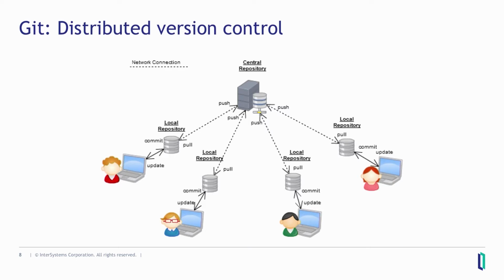Git is a distributed source control system, and that means that every developer who has source control configured on their local computer actually has access to everything that is stored in the central repository. So you can do all the things that you usually need a connection to the server for, like querying the history or looking for who changed what in your file. You can do it all on your local computer.